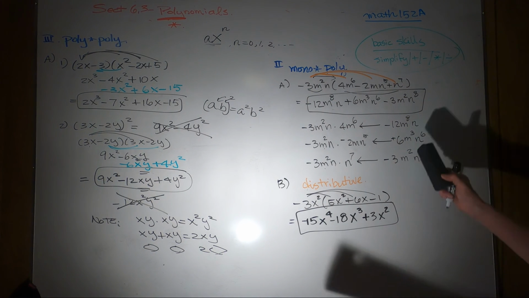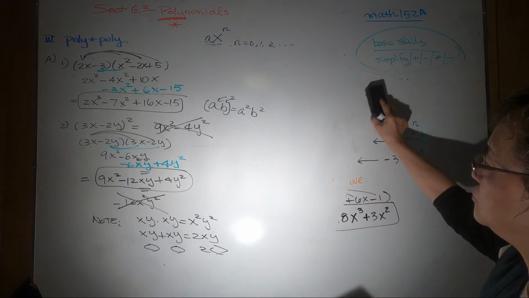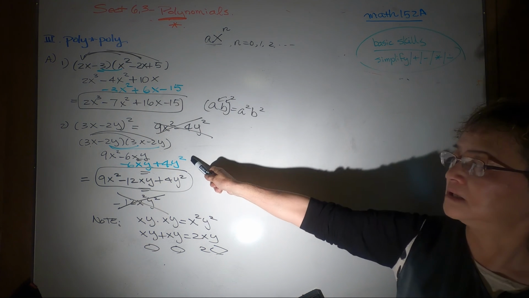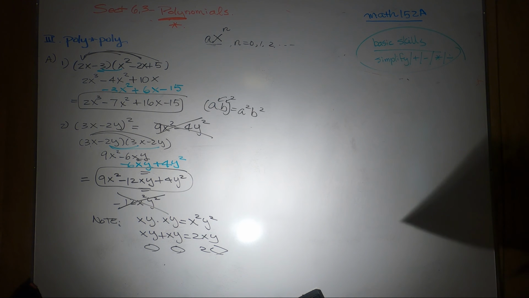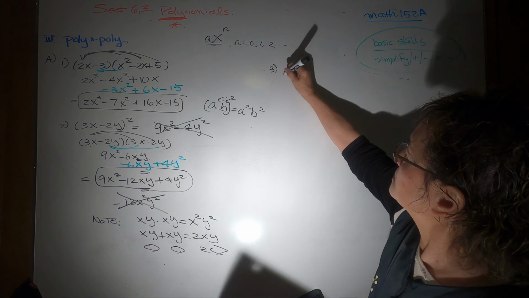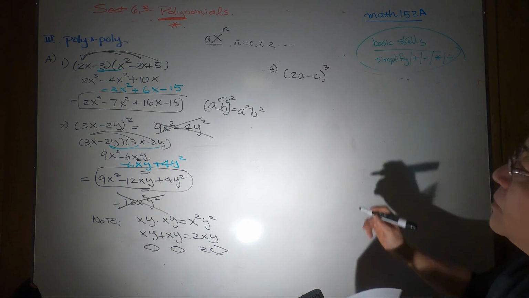We are doing the multiplications, but including addition and subtraction at the same time. So, let's look at this one: 2a minus c to the cube.